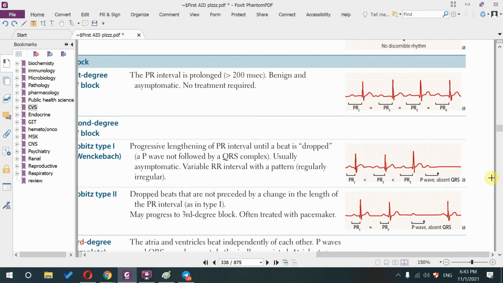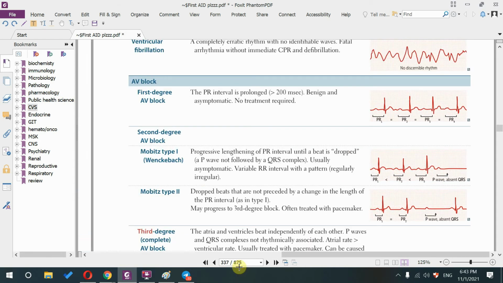It's regularly repeating and irregular by the shape. So they write variable RR interval with a pattern, regularly irregular. Can first degree progress to second degree? Yes, it can.